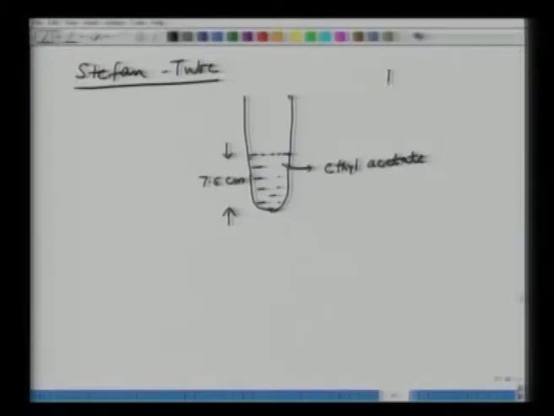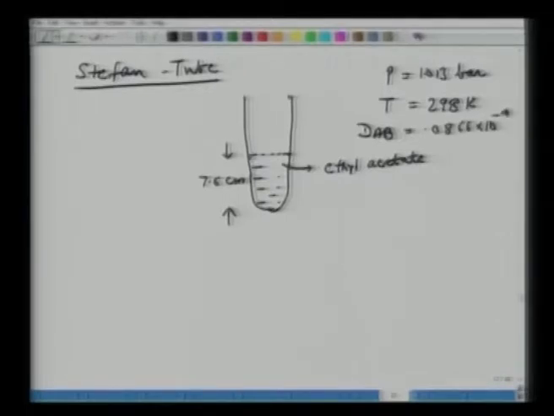Pressure is given as 1.013 bar. Temperature is given as 298 Kelvin. D_AB is given as 0.0866 times 10 to the power minus 4 meter square per second, and the total height of this tube is 15 centimeter.